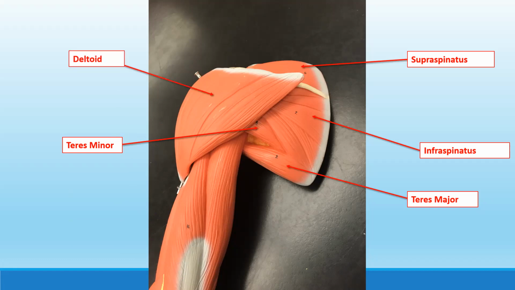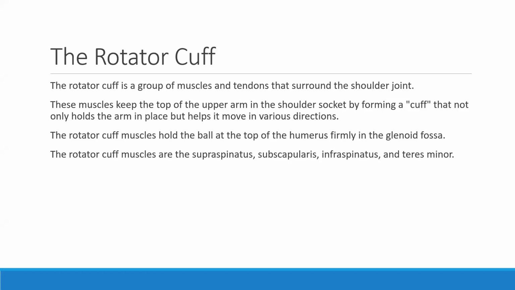Of course, there's the deltoid muscle covering the shoulder itself. So these four muscles come together and form a cuff over the head of the humerus. The humerus fits very snugly up against the glenoid cavity, because that isn't much of a cavity. It's not much of a socket. It's more of a fossa. In fact, it's often called the glenoid fossa.